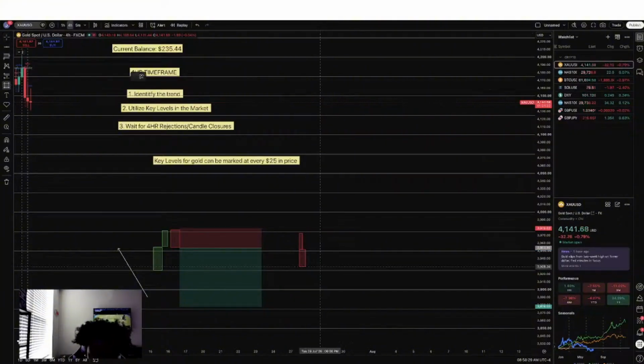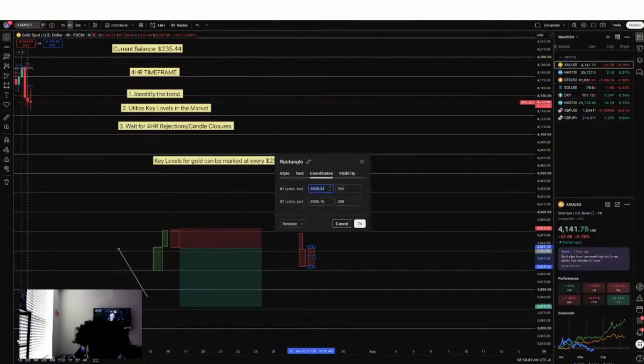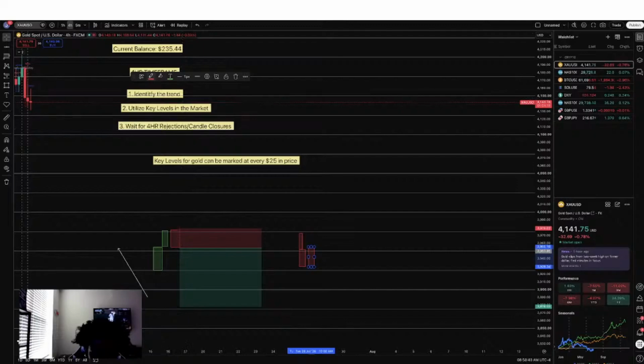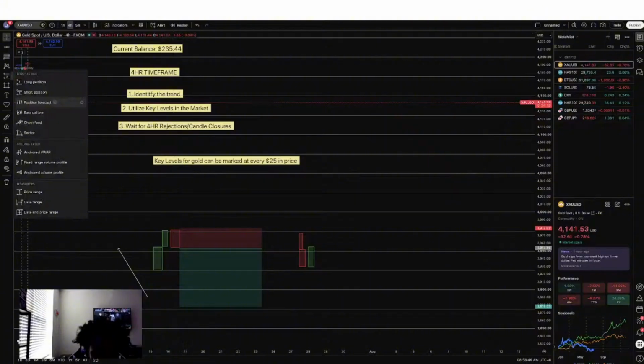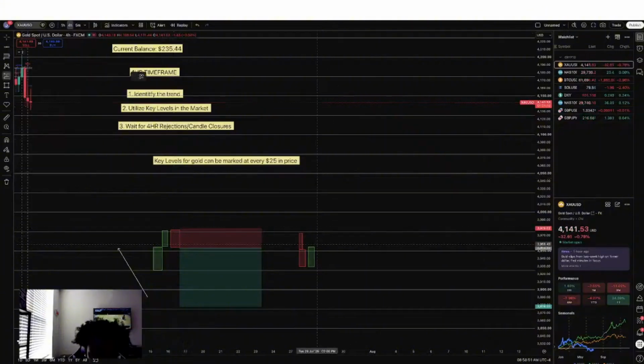And then once it reaches a key level or zone within the trend, you'll see a rejection candle going in the opposite direction. So now for a buy, it will look something like this.